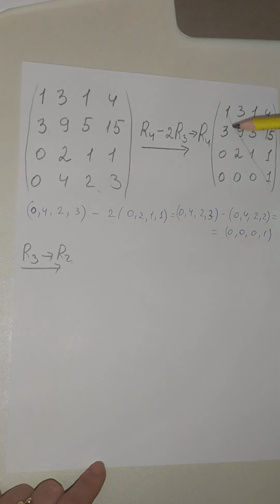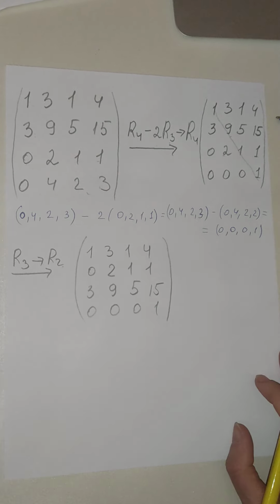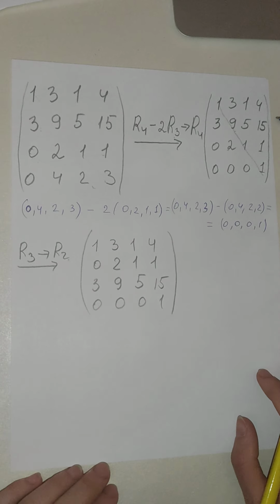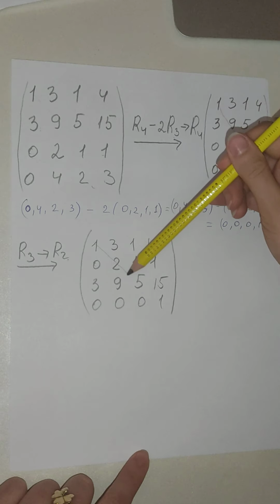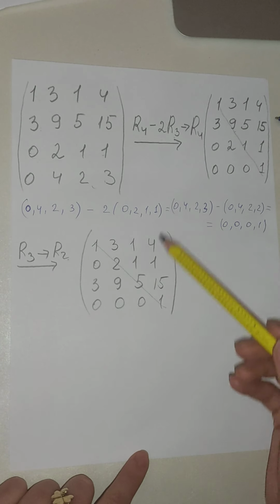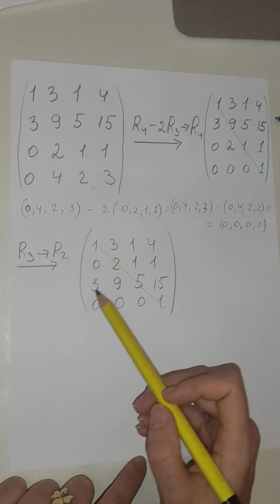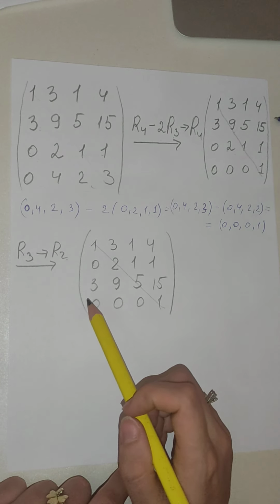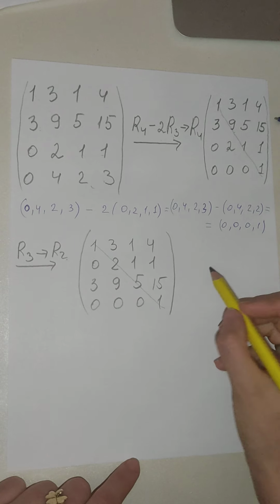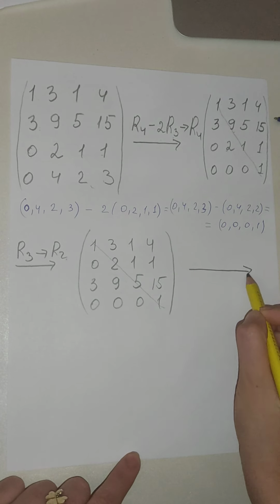Let's interchange them. So this is the new matrix. Again, let's see the elements under the diagonal elements. 2 of them again are not 0. So let's continue the operation.